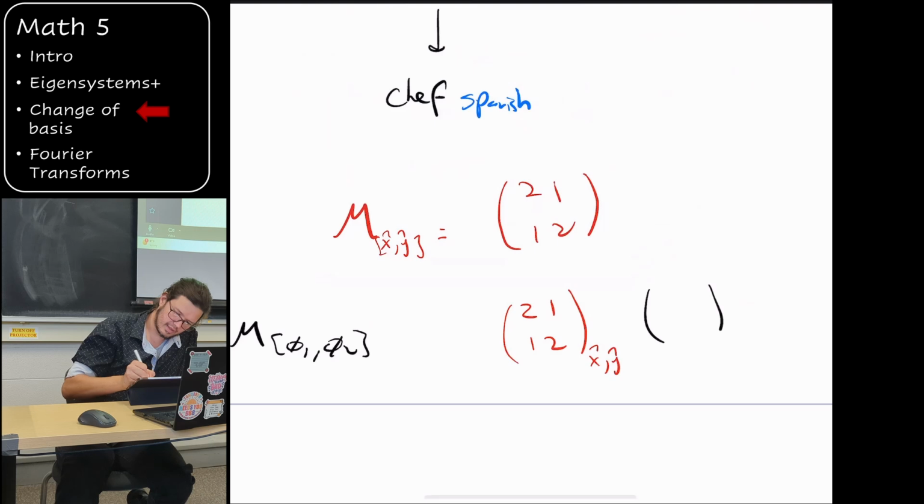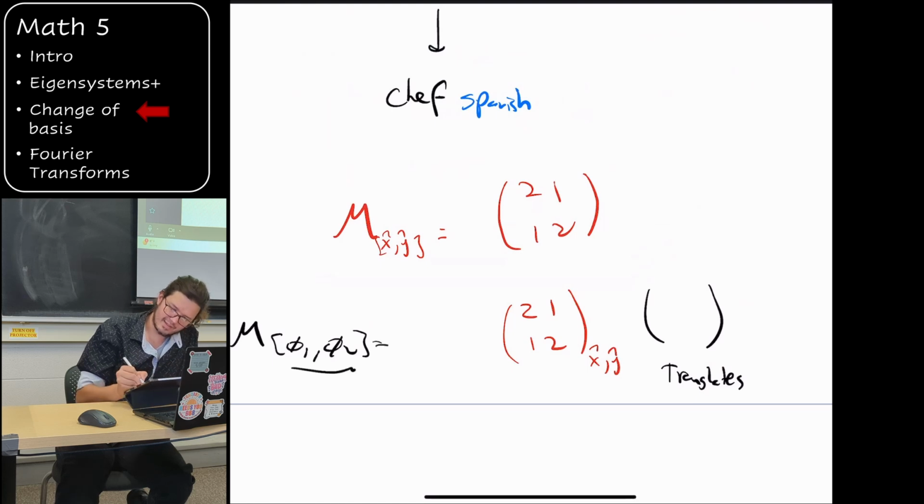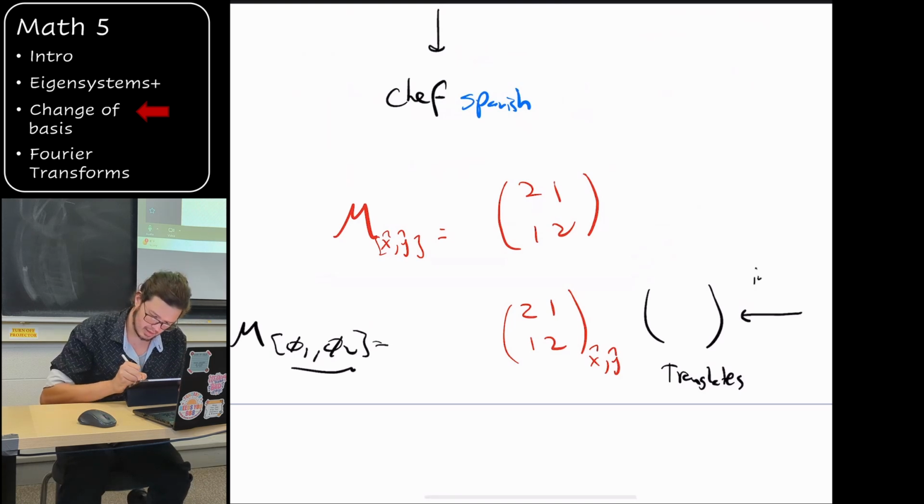In here, I need a translator. If I want to write this matrix in these bases, that means that the input that is coming from the right is going to be a vector in phi1, phi2 language.